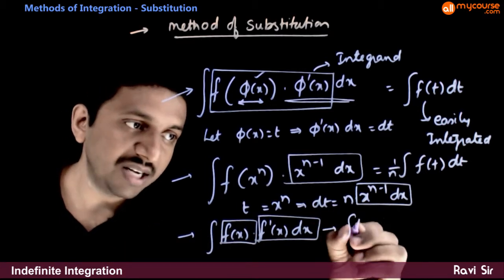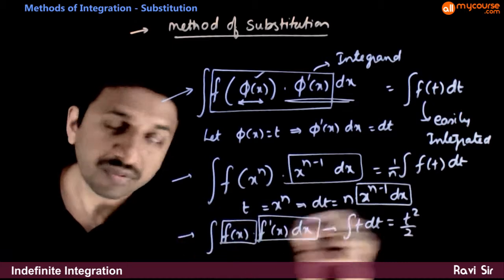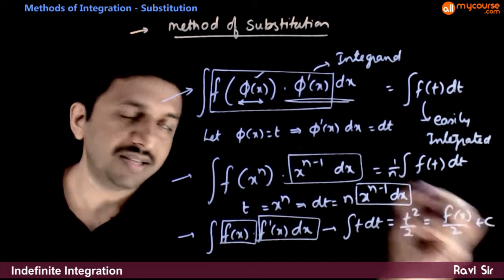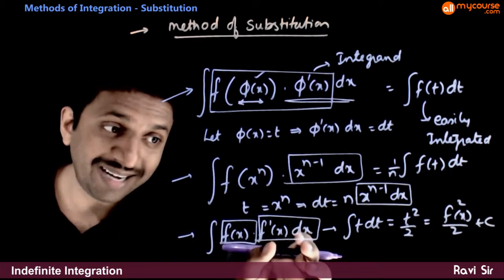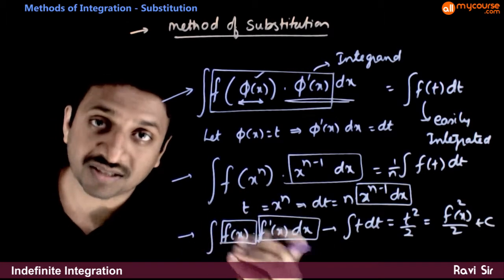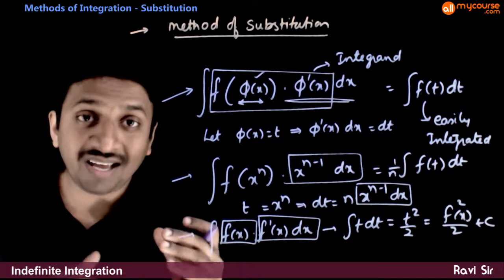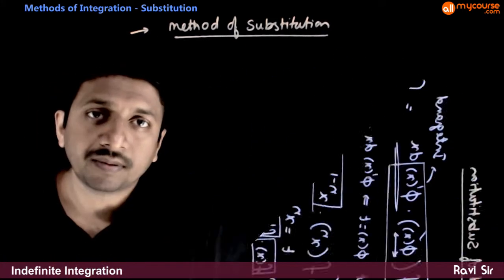So this becomes integration of t dt, which is t square by 2, which is equal to f of x whole square by 2 plus c. So if you have a function followed by its differentiation, the direct integration for this integrand is f of x whole square by 2. So it is a very simplified formula which can be used many times.